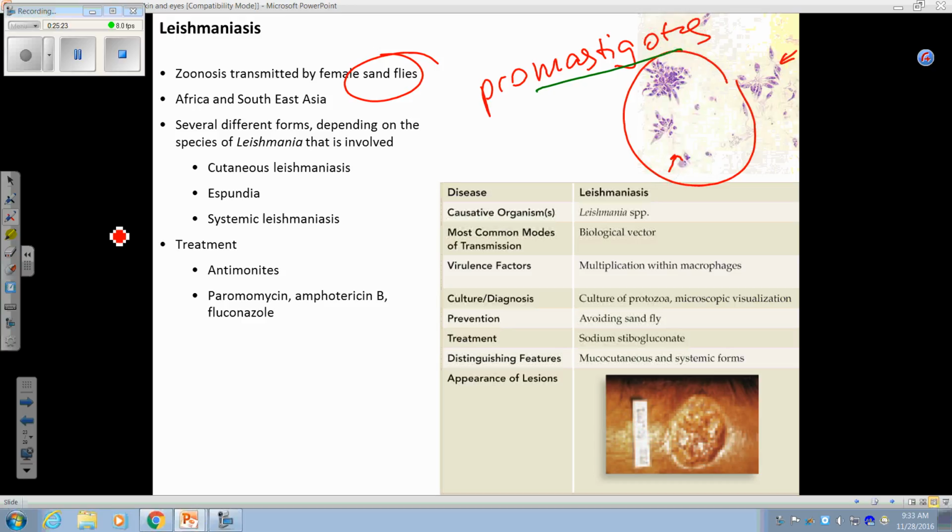It's present all over the world, Southeast Asia, Africa, actually South America as well, and it can cause different forms, depending on the depth of penetration, how invasive the microbe is.